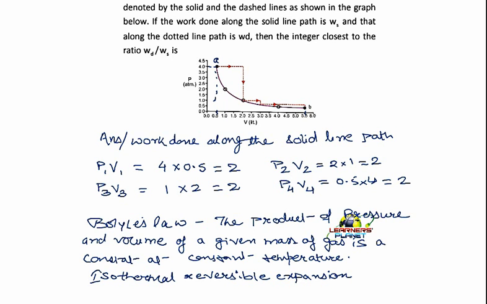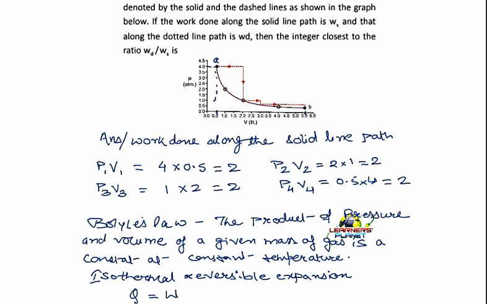Now what is the equation for work done in an isothermal reversible expansion? Isothermal means there is no temperature change, right? So whatever is the heat absorbed is utilized for doing work, right?